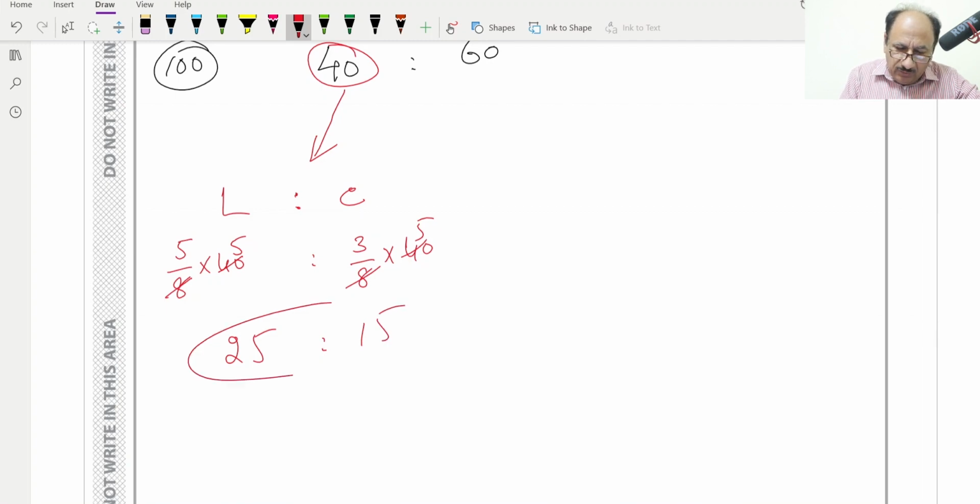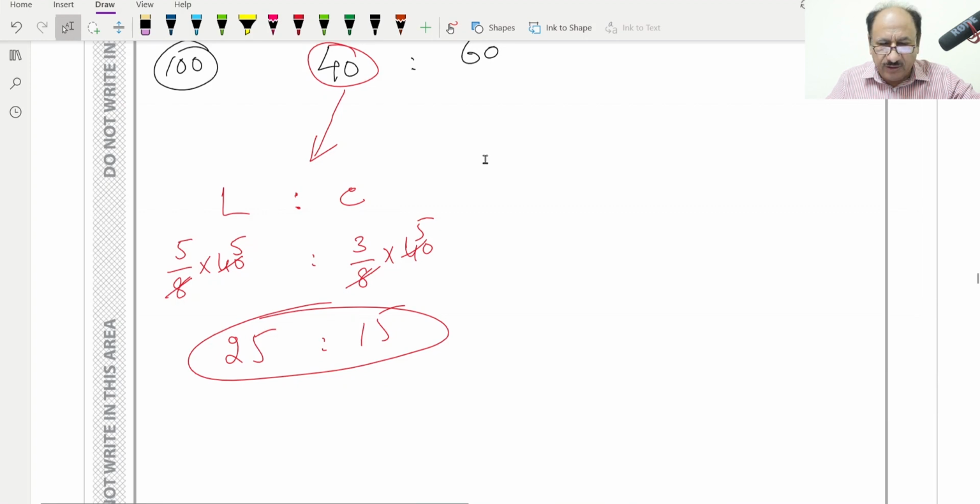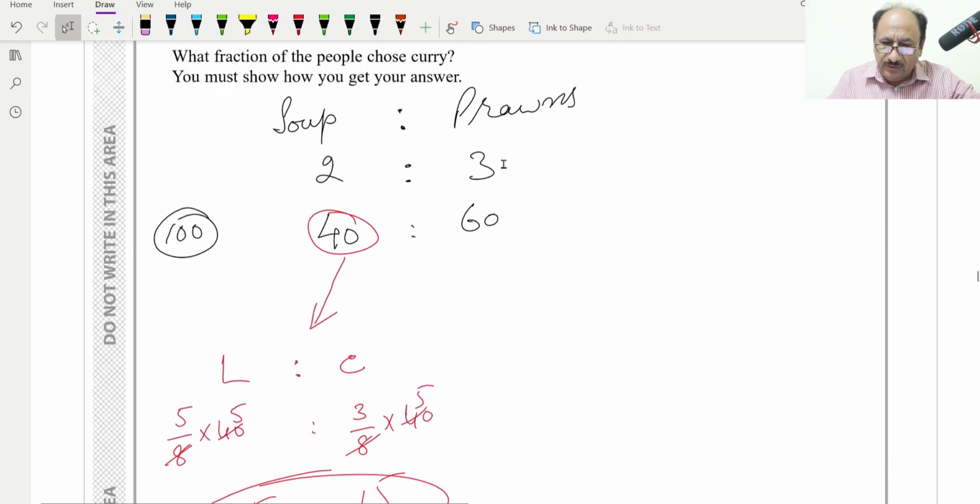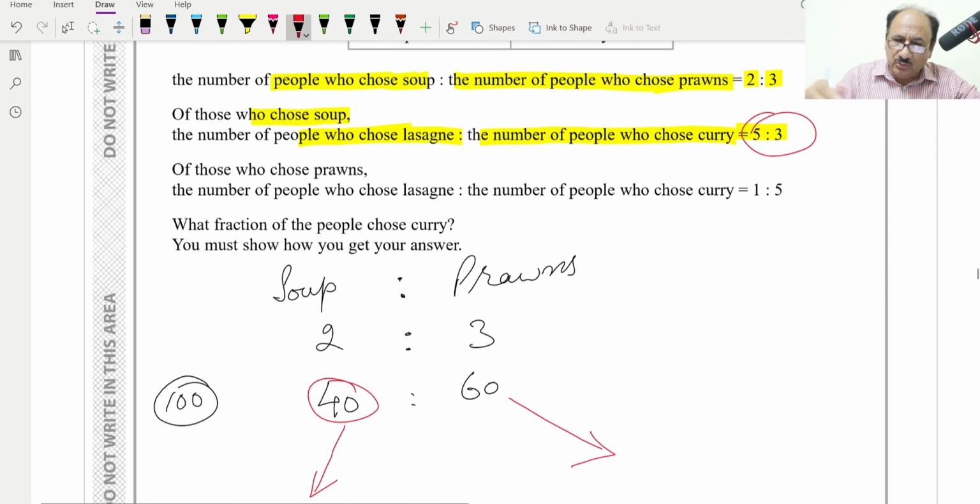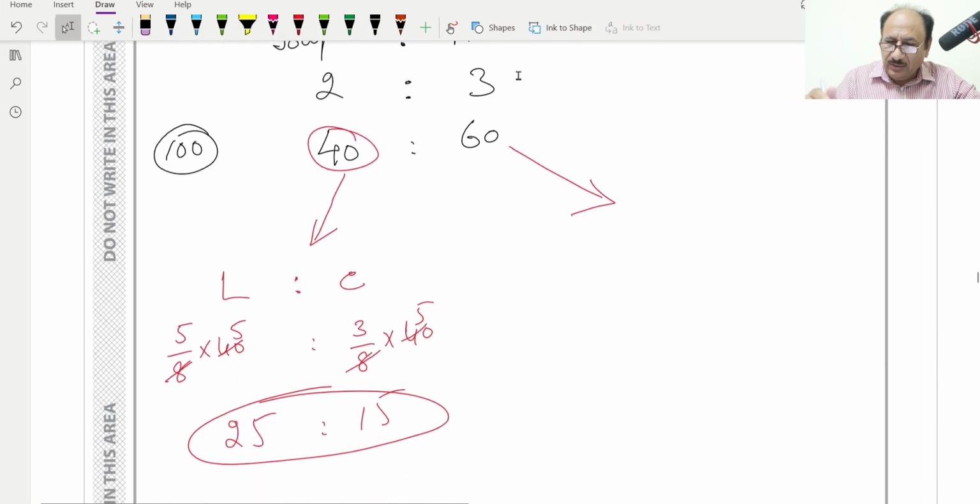So 40 will be splitting into 25 and 15, and similarly the prawns side will also be splitting, and that ratio is given. Of those who choose prawns, this is the ratio for L and C. So we can write the sum of ratios, which is 1 plus 5, which is 6.